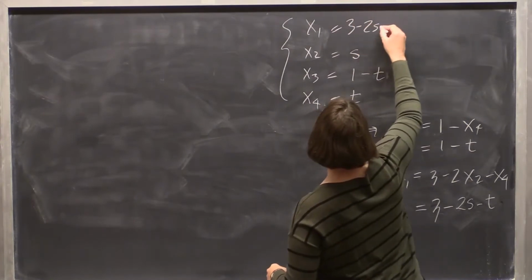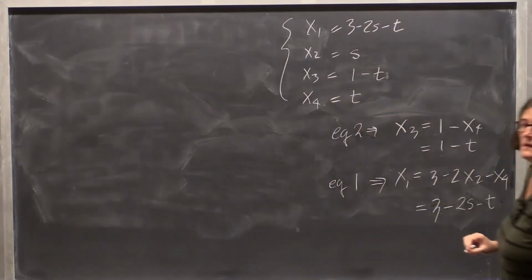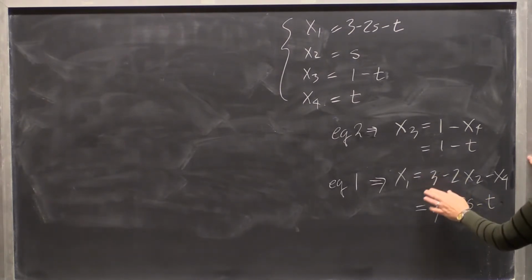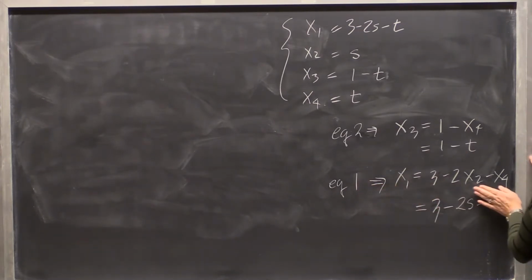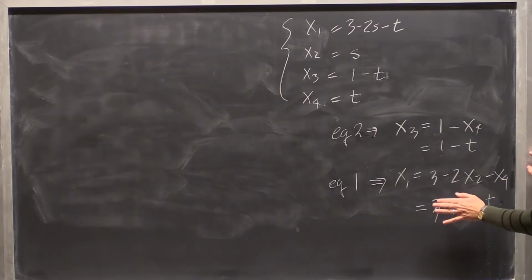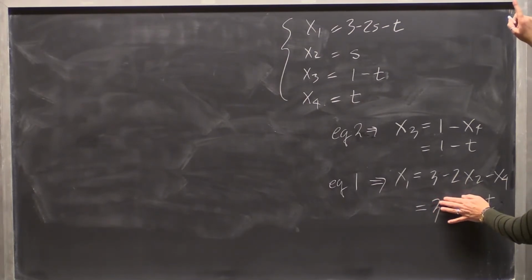Now, why is it that I didn't have to plug x3 into this equation? Because x3 is 0. Because there's a 0 in the x3 column in the first row.